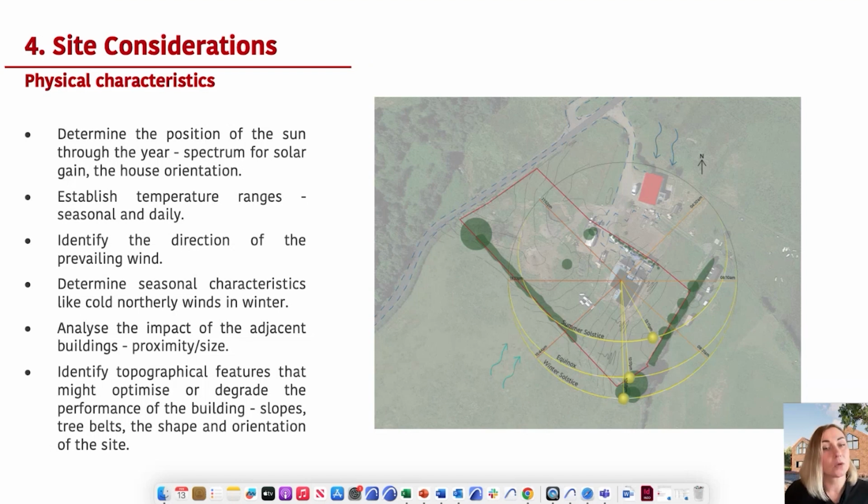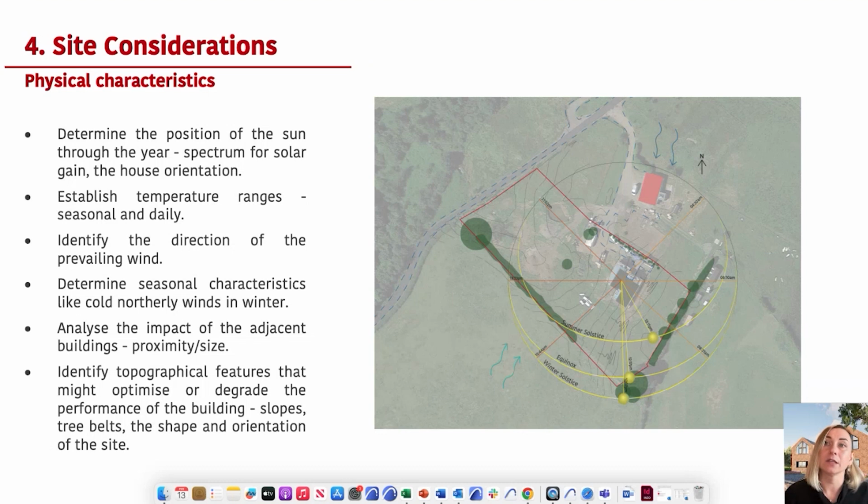You also want to determine the seasonal characteristics like cold northerly winds in winter, and analyze the impact of any neighboring buildings that can optimize or degrade the performance of the building.